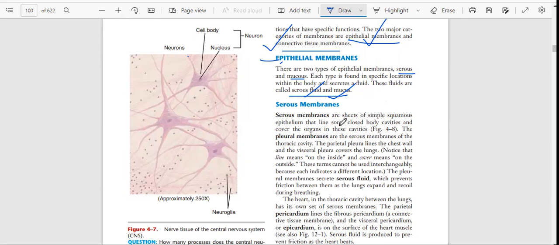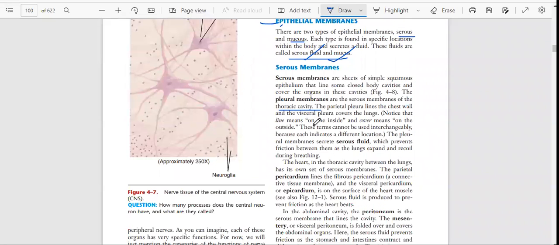Serous membranes are sheets of simple squamous epithelium that line some closed body cavities and cover the organs. The pleural membranes are the serous membranes of the thoracic cavity. The parietal pleura lines the chest wall and the visceral pleura covers the lungs. Line means on the side and cover means on the outside.